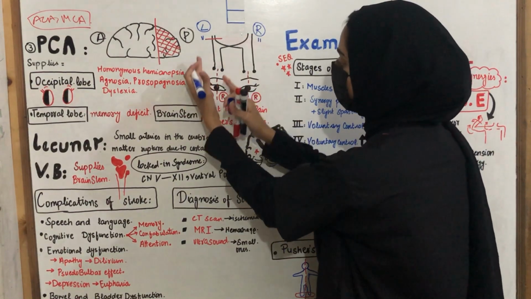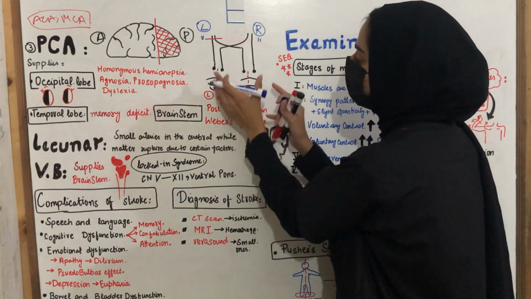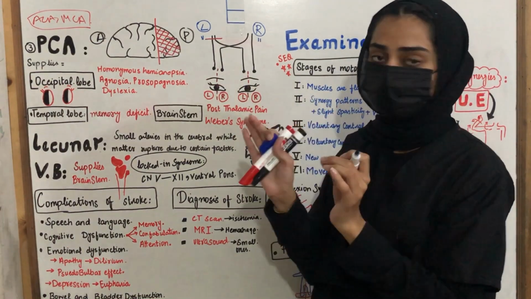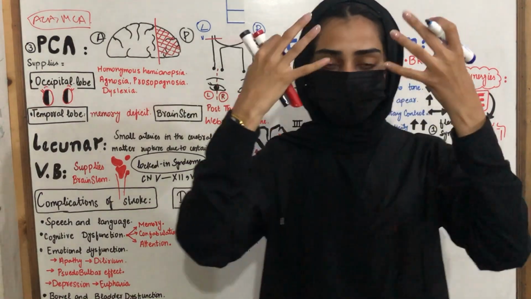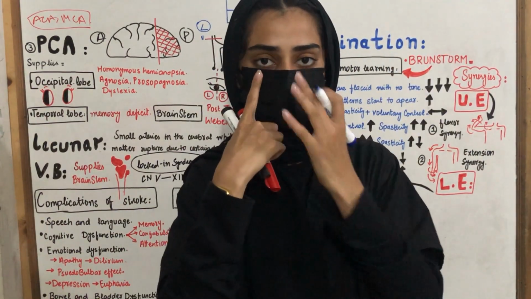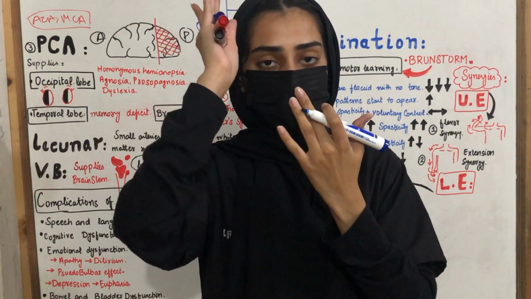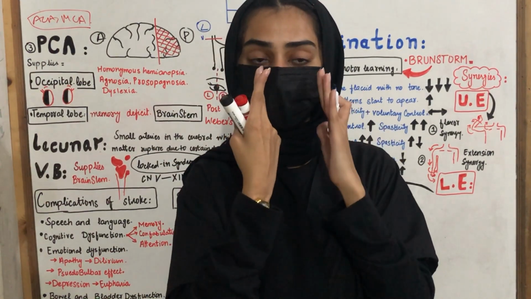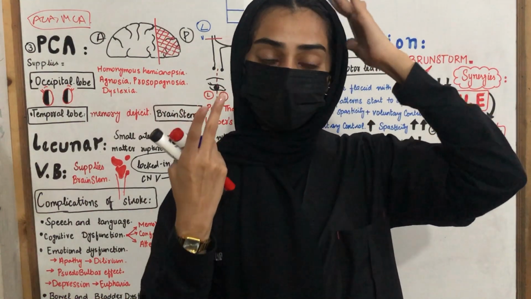The left optic nerve supplies the left side of the ipsilateral eye and the left side of the contralateral eye. This is the classic nerve that supplies both eyes half and half. The left side of this eye and the left side of this eye are both supplied by the optic nerve of my left side. The right side of this eye and the right side of the other eye, ipsilateral and contralateral, are both supplied by the right optic nerve.